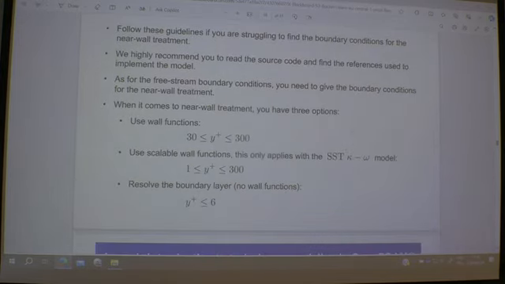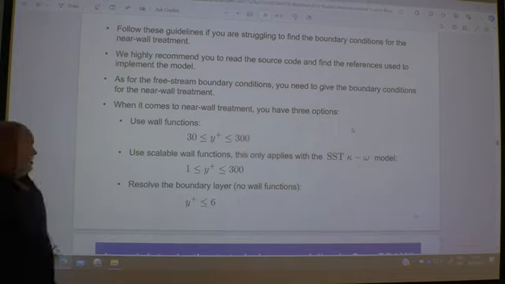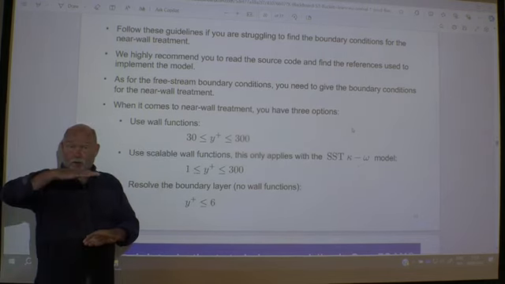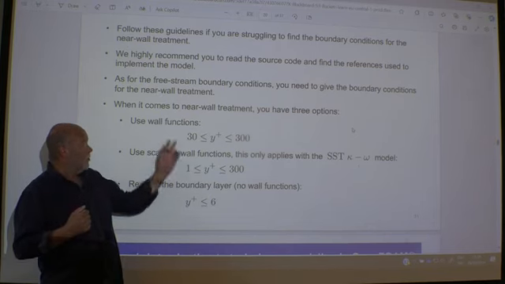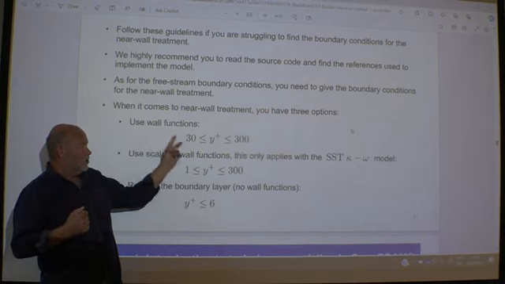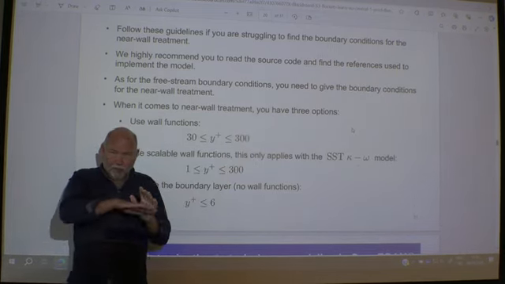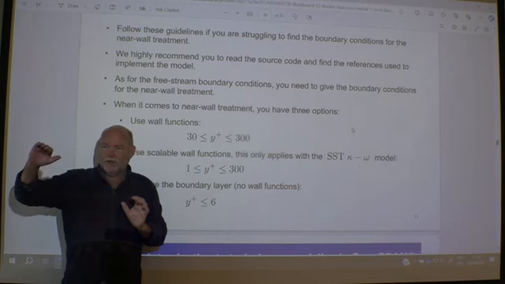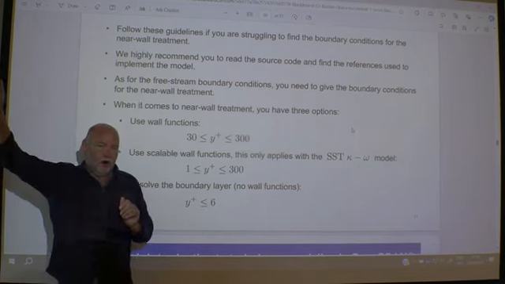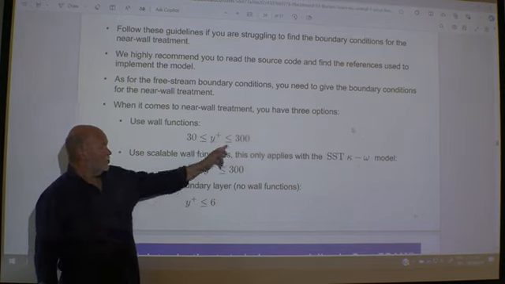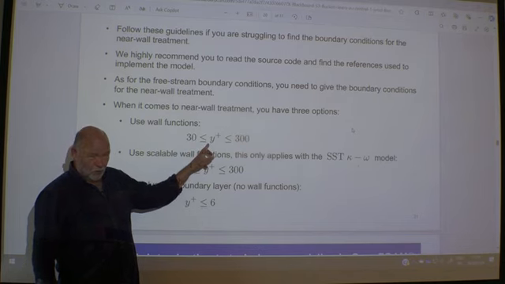Then we have the wall functions. For the K omega, if your first cell is bigger than 30, then of course you have to use wall functions. You shouldn't go too far either, because this law of the wall is limited. You can't go far from a wall. Of course not. So it should be between these two. So you have to check the y plus value.